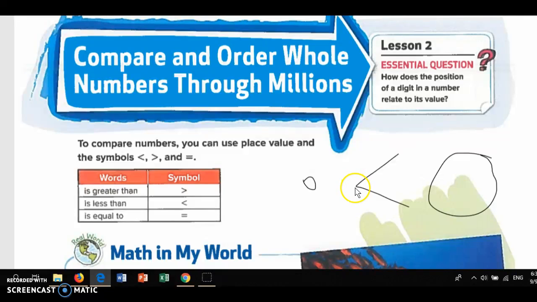This side must always show it's closed to the small number, because the crocodile eats the big number. Right, let's have a look. This is greater than or bigger than. This one is less than or smaller than. And this one is equal.